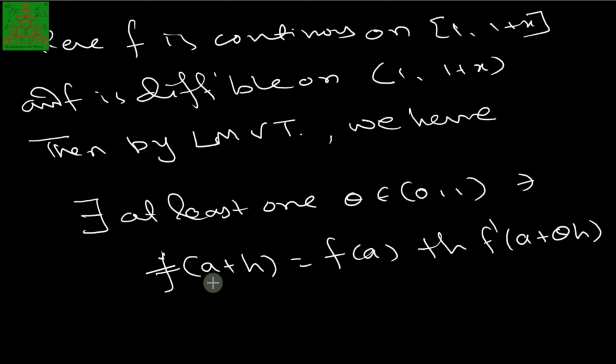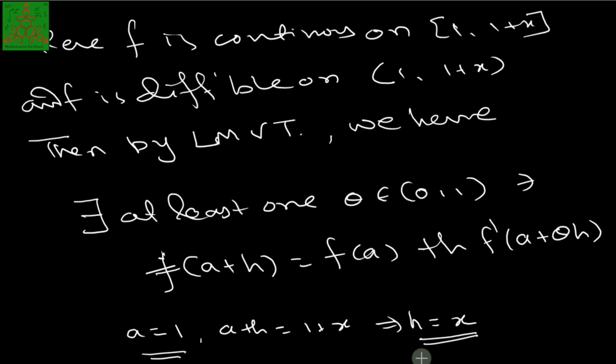Now what is the value of a, what is h? Since the interval is 1 to 1 plus x, obviously the value of a is 1 and a plus h is 1 plus x, so that implies the value of h is x. So a is 1 and h is x.